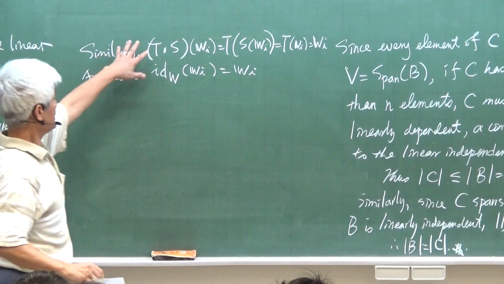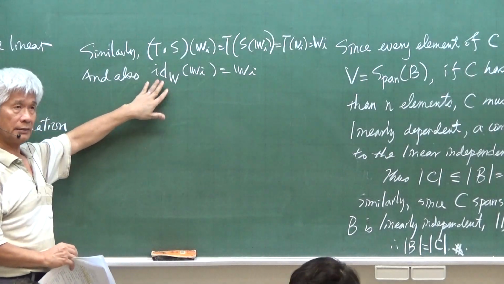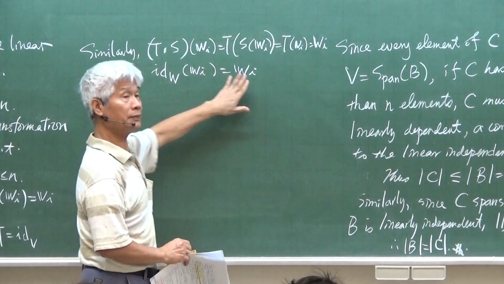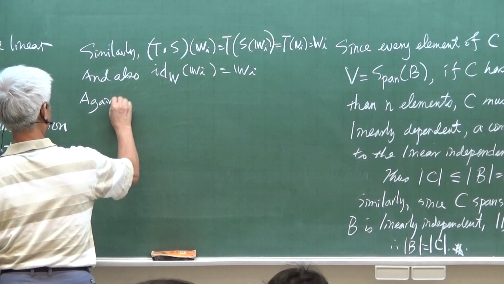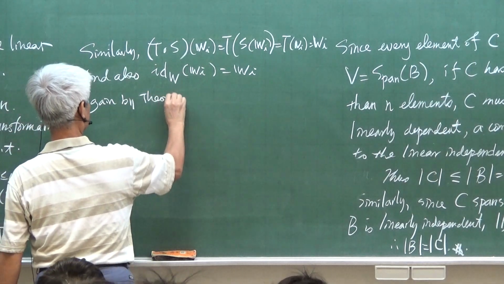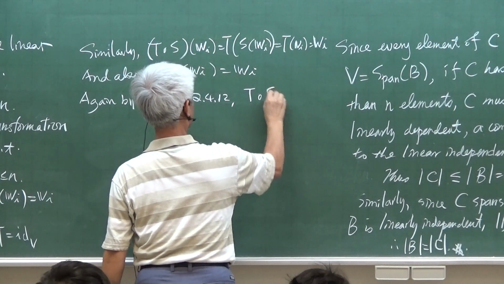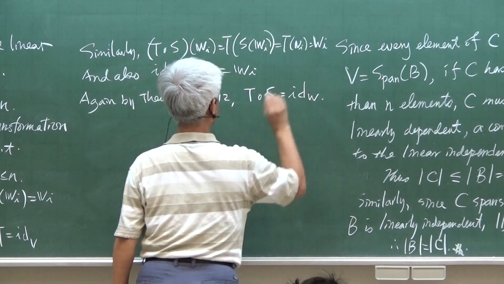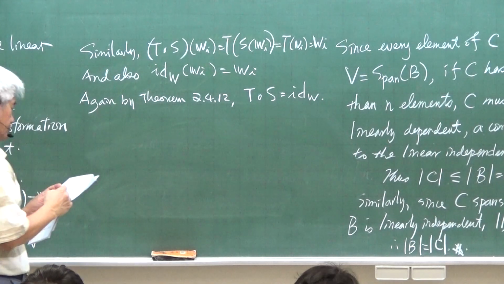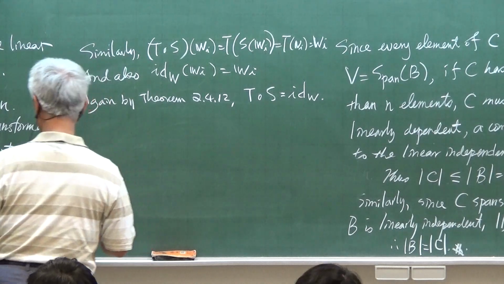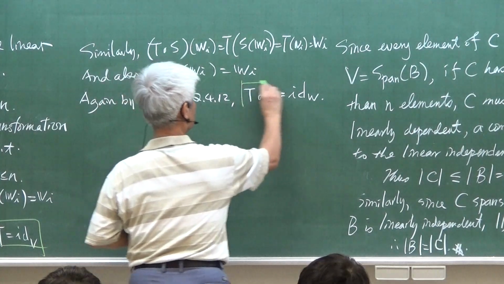This composition sends Wi to Wi, and the identity function sends Wi to Wi. So again, by theorem 4.4.7, T composed with S is the identity of W.